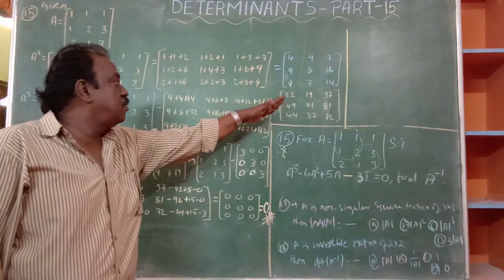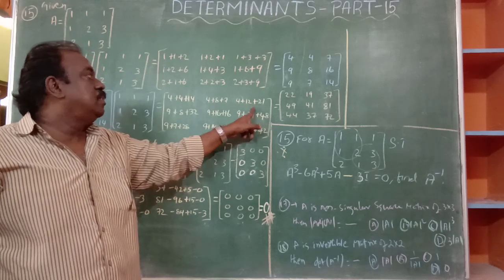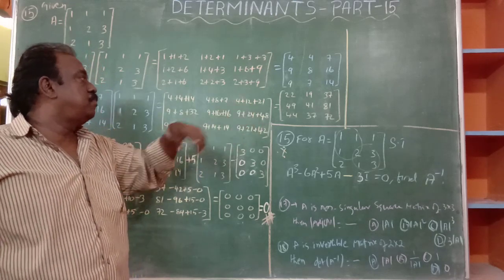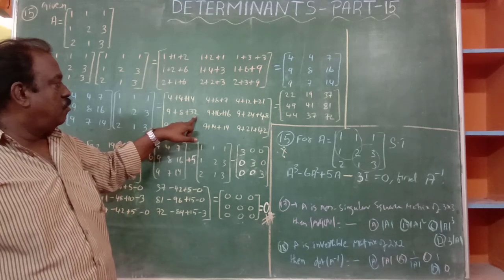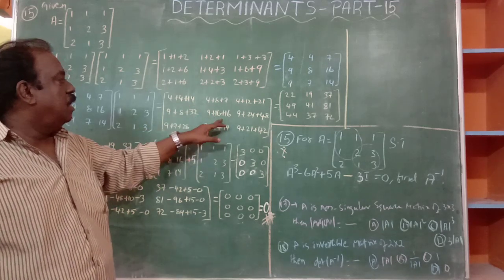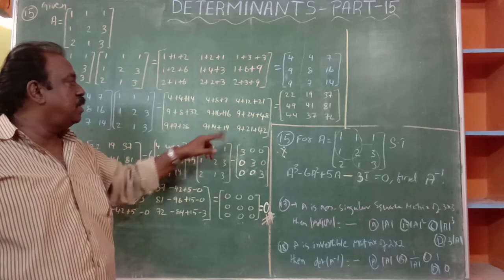Its answer is 22, 19, 23 plus 4, 37, 17, 49, and 32 plus 9 is 41.